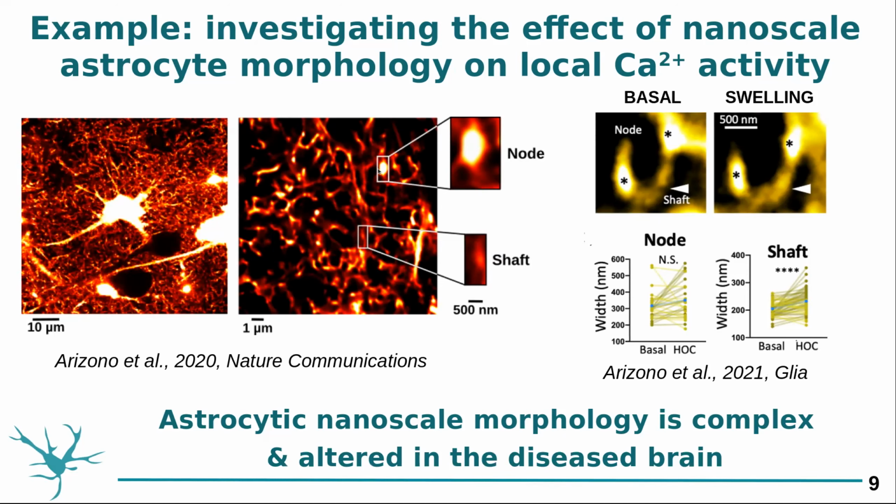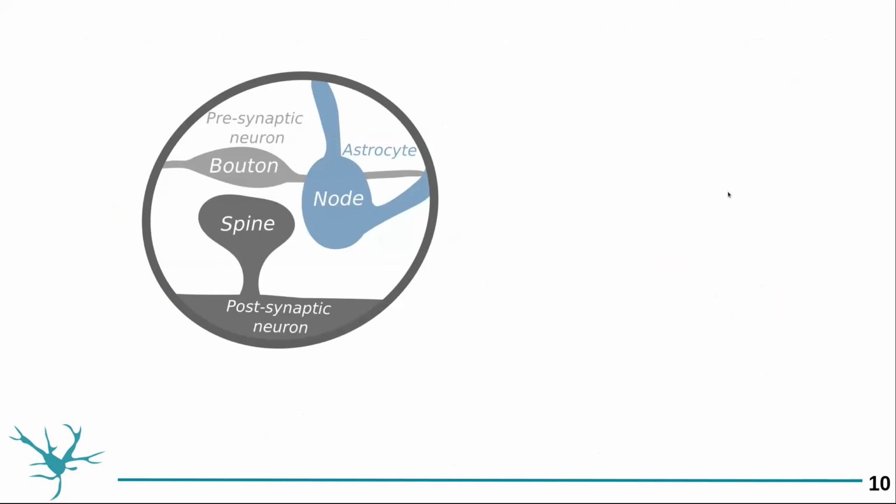They showed that the swelling of the cell was actually not homogeneous at this nanoscale, and only the shafts showed an increase in size while the nodes stayed the same. And thus we wanted to investigate the effect of such morphology, so this striking alternation between nodes and thinner shafts, as well as its alteration in the diseased brain.